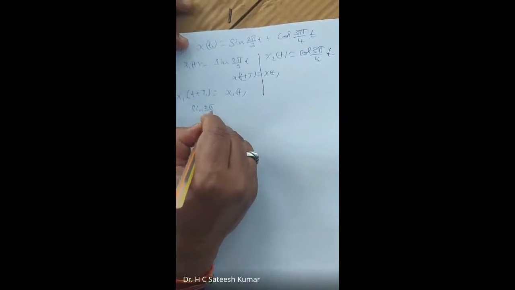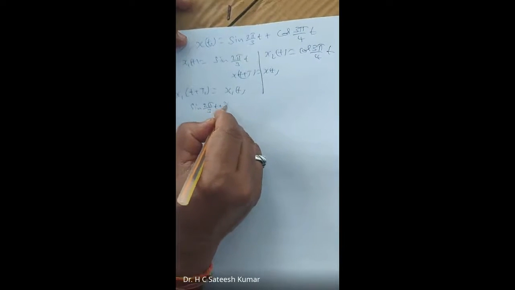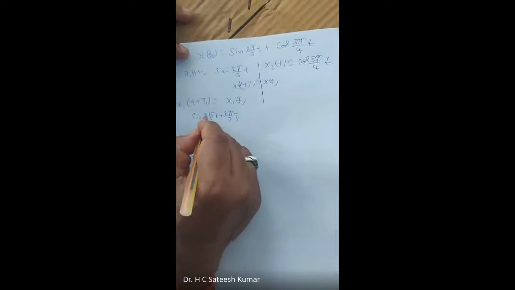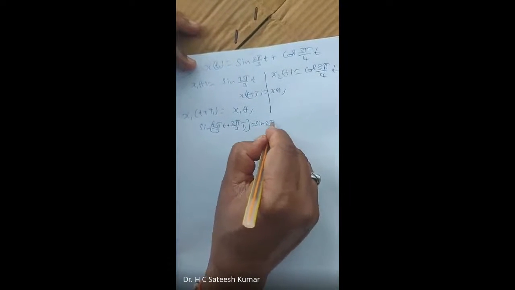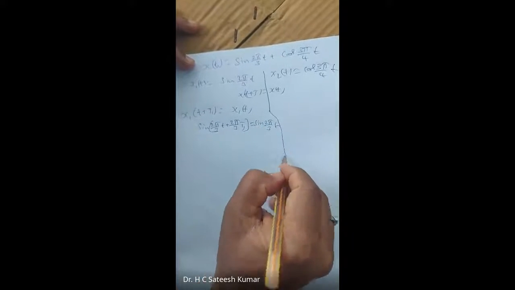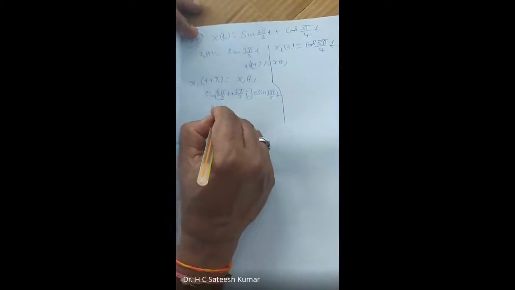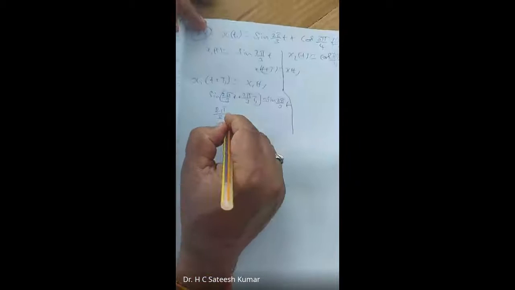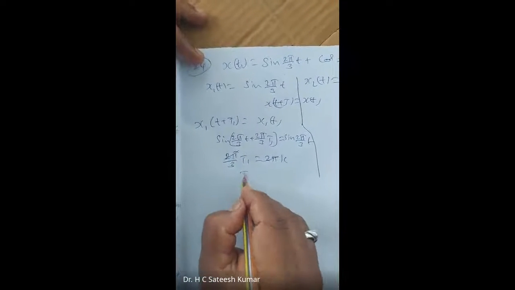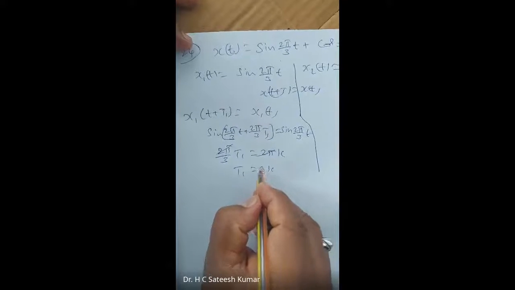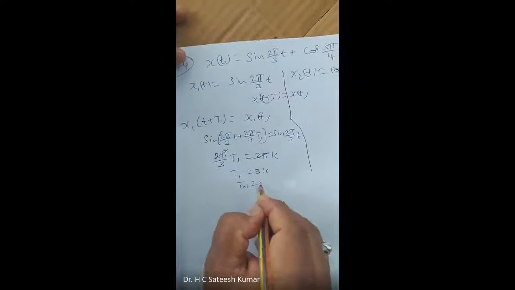Sine of 2 pi by 3t plus 2 pi by 3 T1 should be equal to sine of 2 pi by 3t. So the condition is 2 pi by 3 T1 should be equal to 2 pi k. 2 pi gets cancelled. T1 is equal to 3k. T naught 1 is equal to 3.